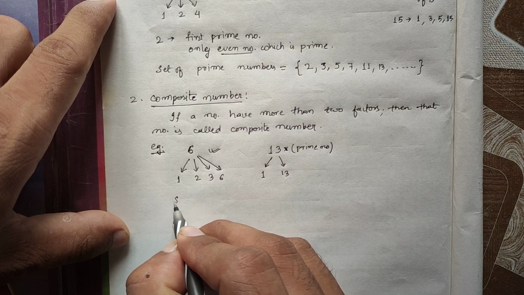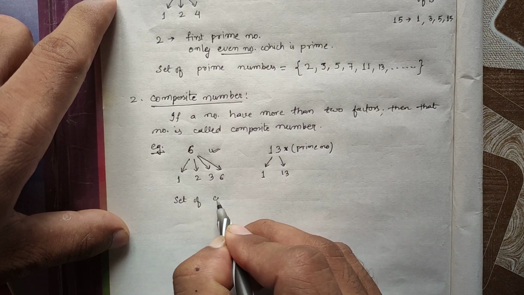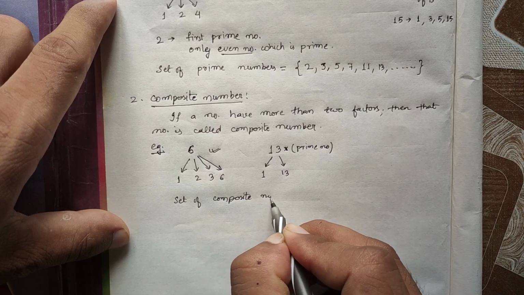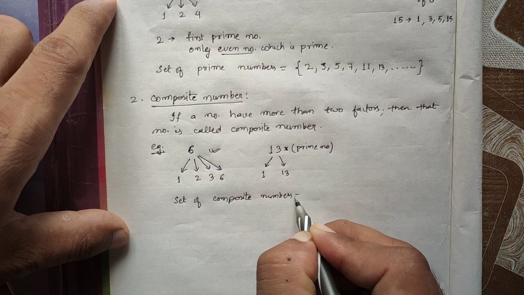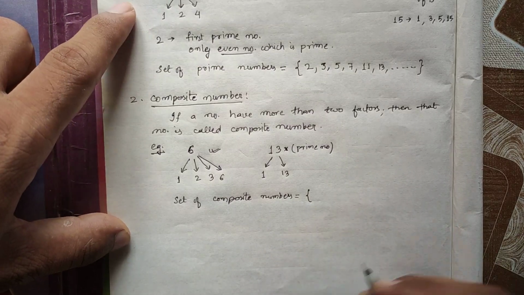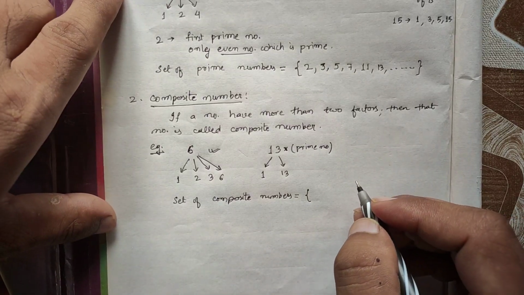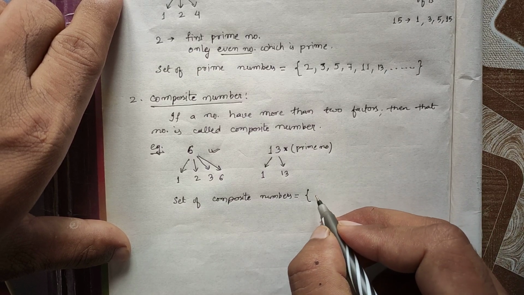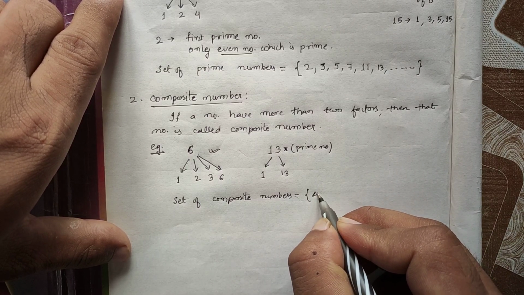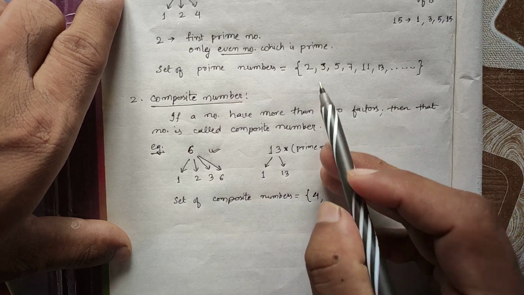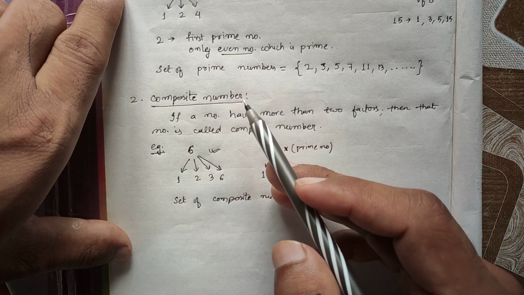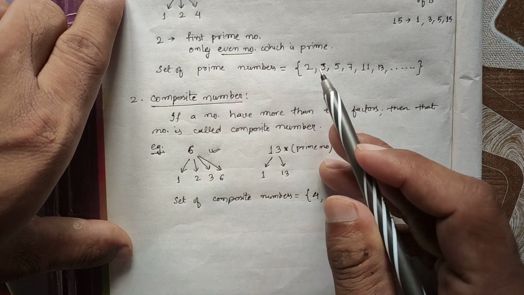Let's write the set of composite numbers. What is the first composite number? Yes, 4 is the first composite number, because 1 is neither prime nor composite, and 2 and 3 are prime.